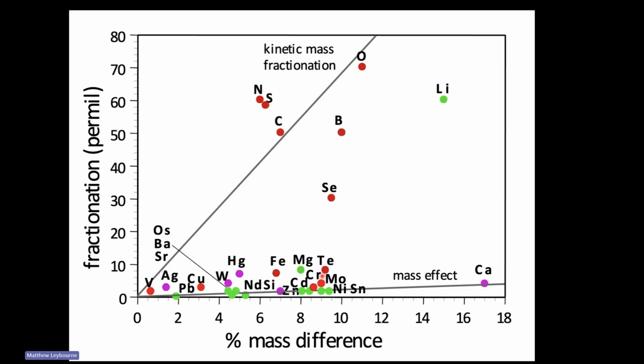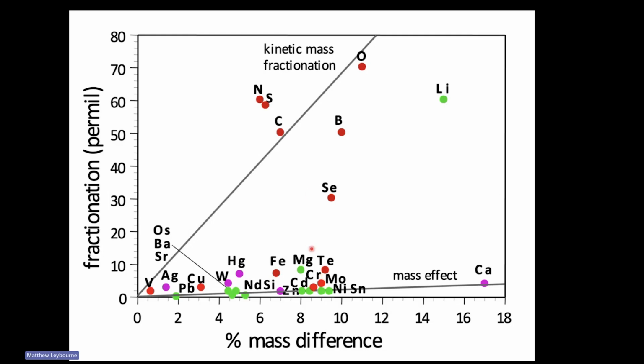So here we have a nice XY plot showing fractionation on the y-axis in per mil. So that's our delta notation. And on the x-axis is the mass difference between the two isotopes. And you can see hydrogen's not on that because there's a mass difference of 100%. And so what can we see?